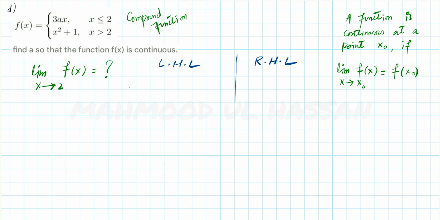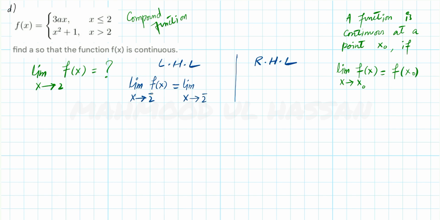So the left hand limit is limit x approaches to 2 on the left side, that can be written as 2 with a superscript negative sign. This shows that we are approaching 2 on the left side.